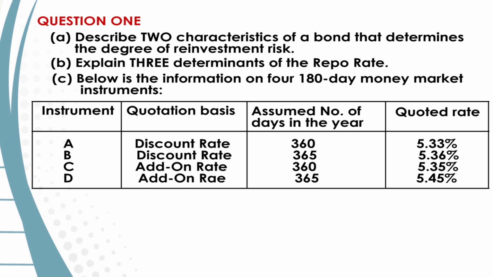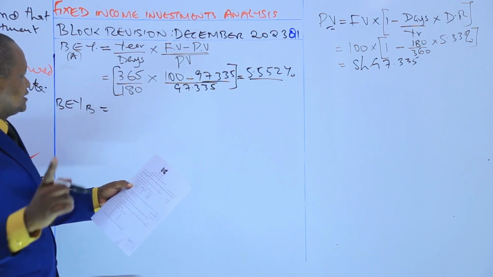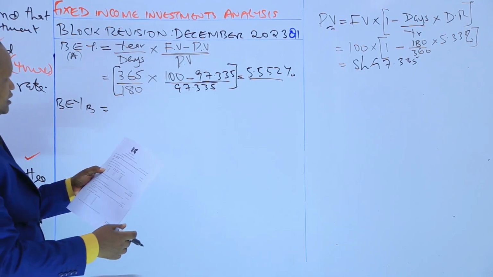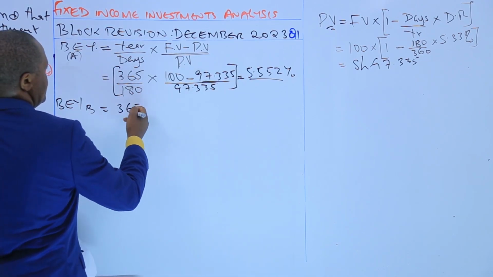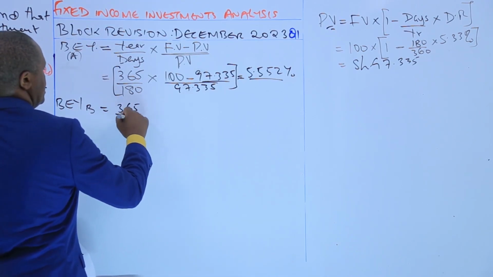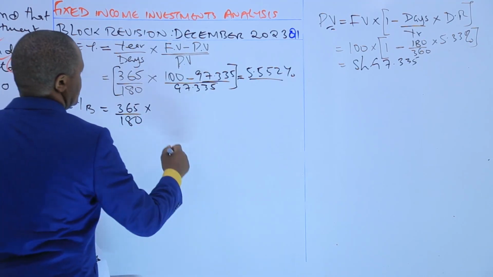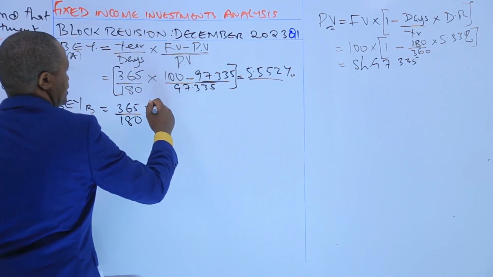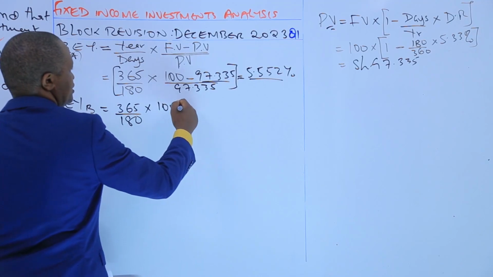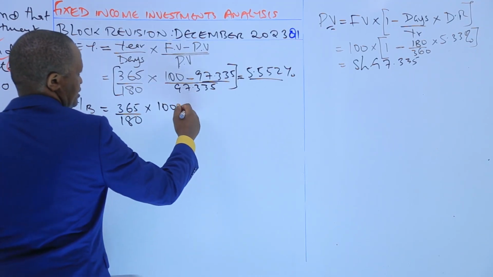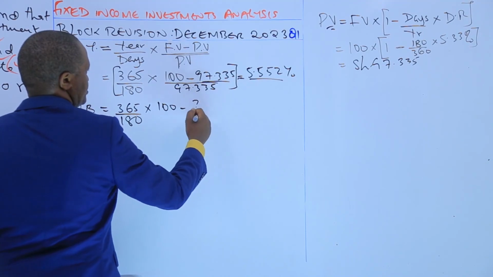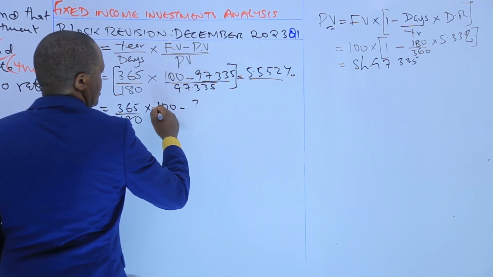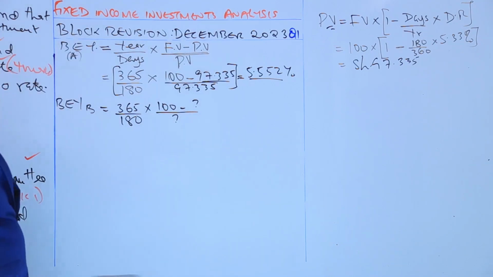All right, do you understand? So you're going to have 365 divide 180 times the future value, which is the par value, 100, minus the present value, which we do not have, over present value, which we do not have.